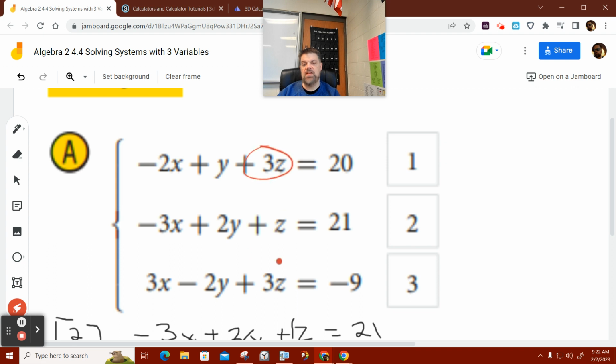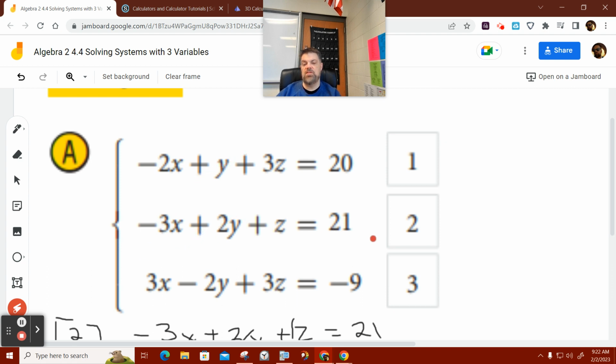So I might think, well, maybe I can eliminate the z's, and that'll leave me with an x and a y. I can eliminate the z's by just adding them up or plugging in the value for z. So I really want to focus on the x and the y, but I want to start eliminating the z's, and maybe I eliminate the x or I eliminate the y.